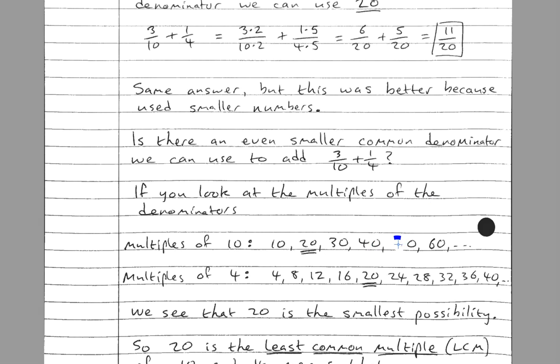This is the smallest number in both lists. You can see 40 is a possible common denominator, but 20 is the smallest.